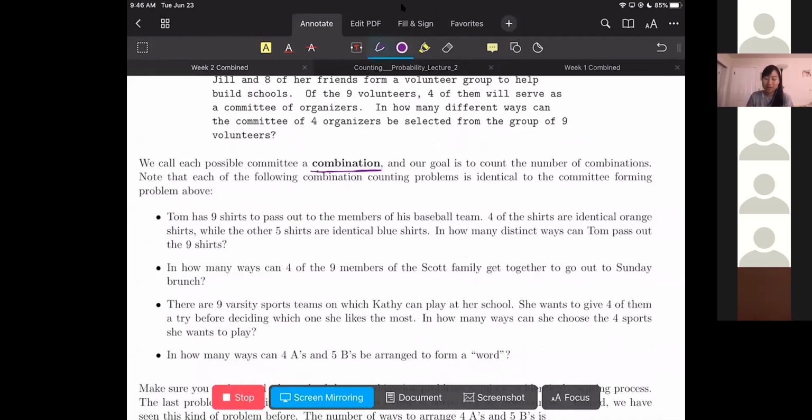Or in how many ways can 4 A's and 5 B's be arranged to form a word? All of these are sort of choosing 4 things from 9 things, or choosing 5 things from 9 things. So they're all ultimately counting the same thing. Does anyone have any questions about why these are very equivalent counting problems?